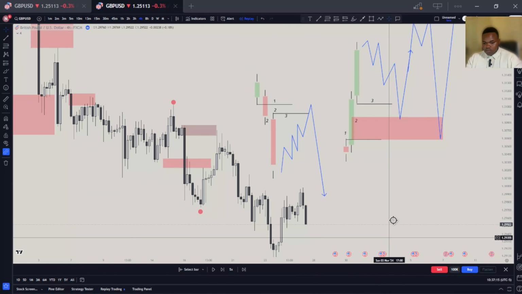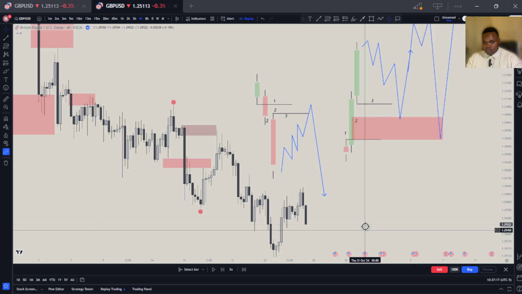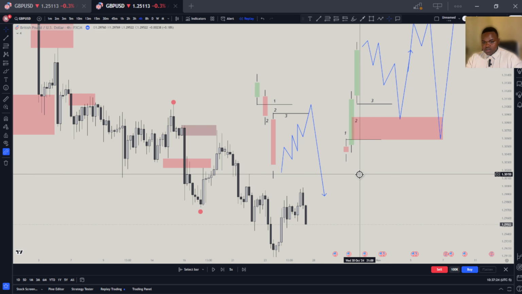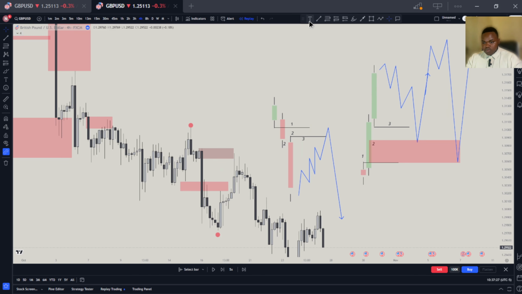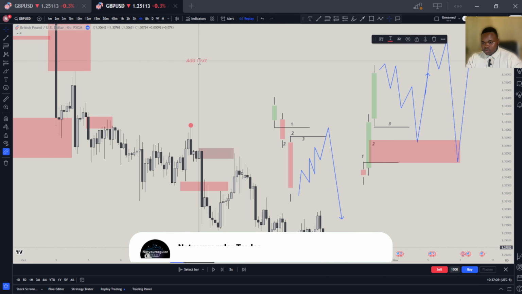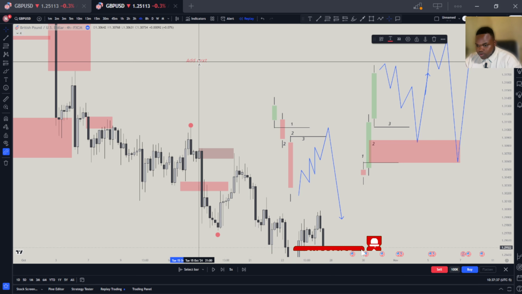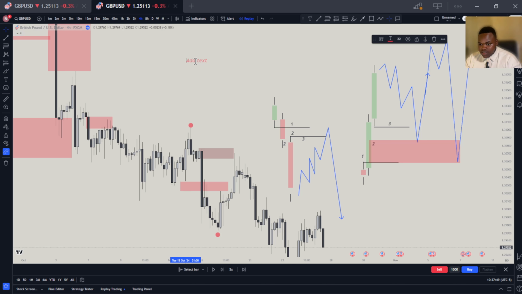So the 4 key features that validate an order block are, number one, an order block must take out some form of liquidity before reversing price. That means it must take out some form of sellers in a bullish market and buyers in a bearish trend.